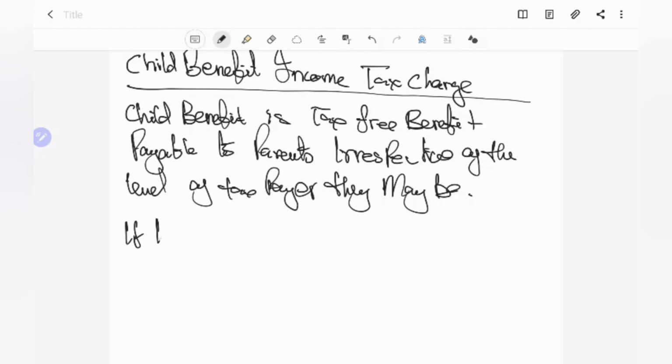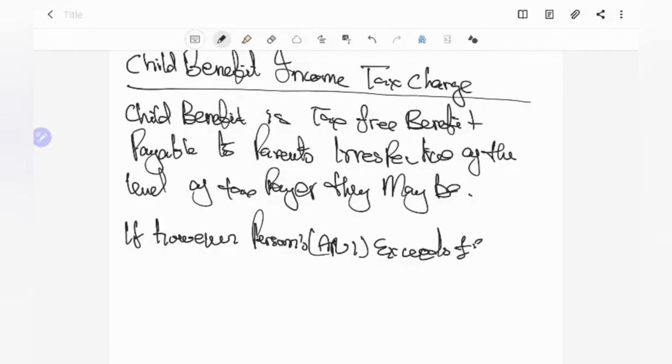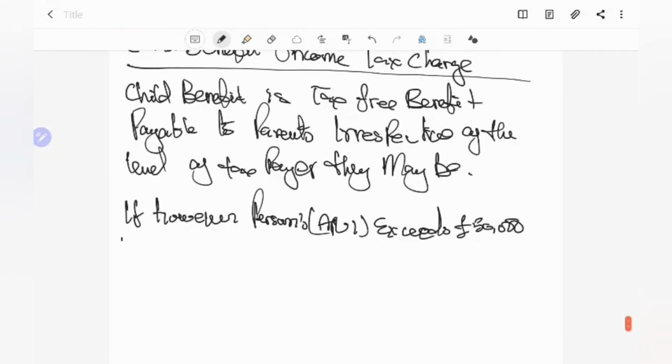If, however, a person's adjusted net income (ANI) exceeds how much? 50,000 pounds, and they receive child benefit.